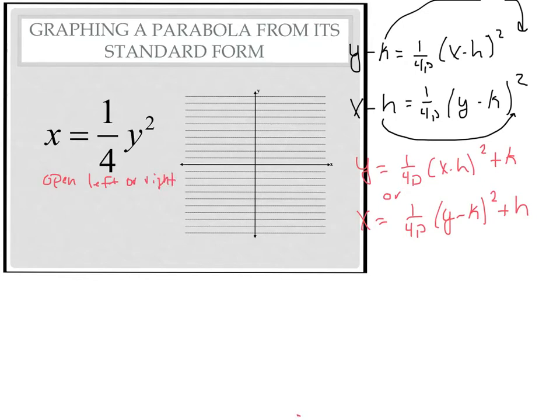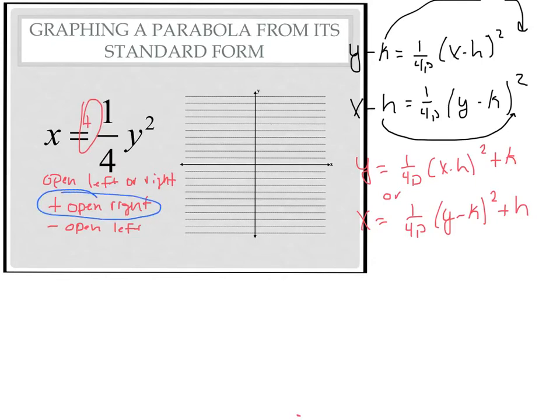If I'm positive, I open right. If I'm negative, I open left. So I look at the sign in front, and it's positive. There's no negative sign, it's positive. So I know in this example, I'm going to open to the right.